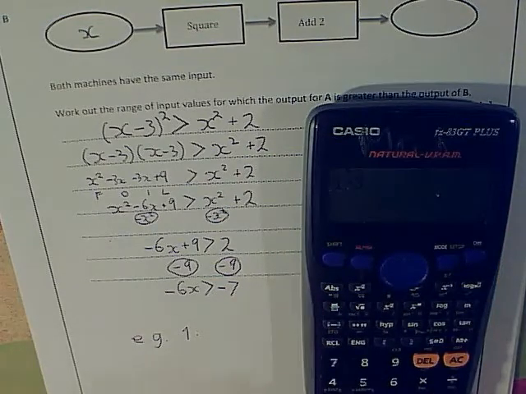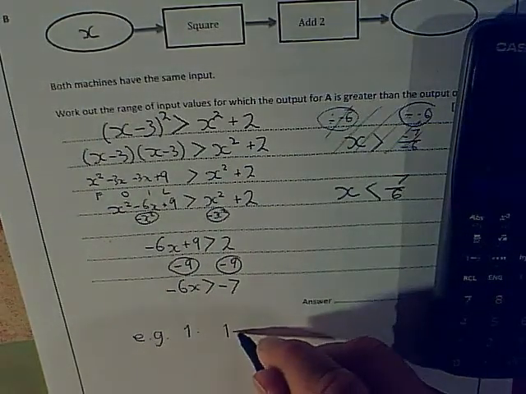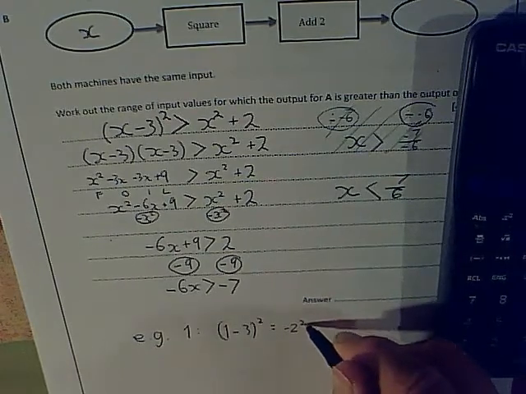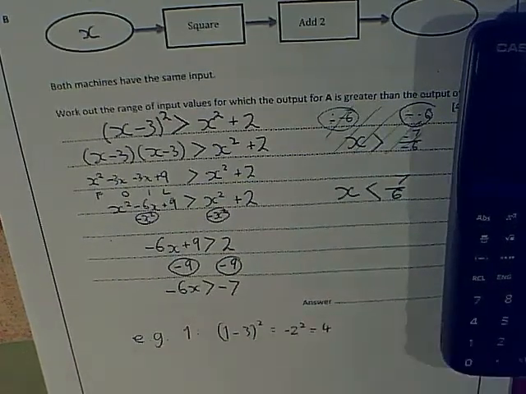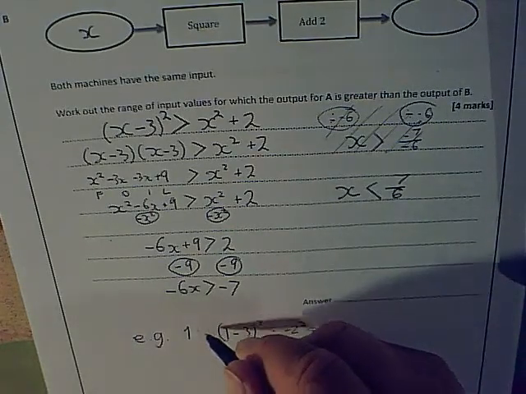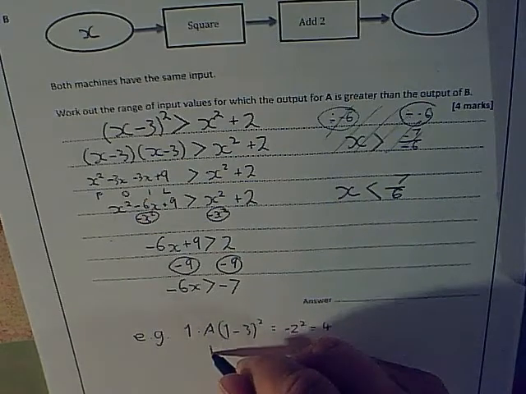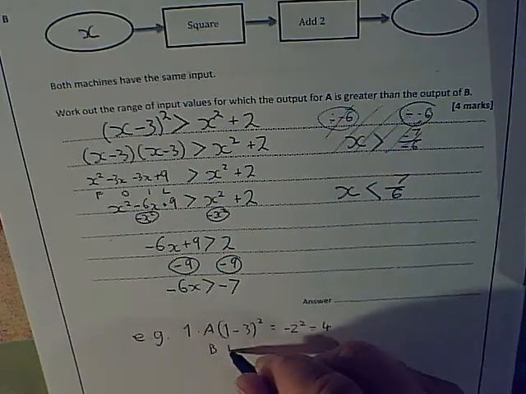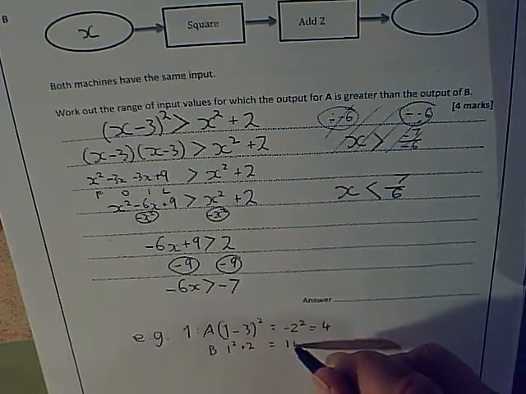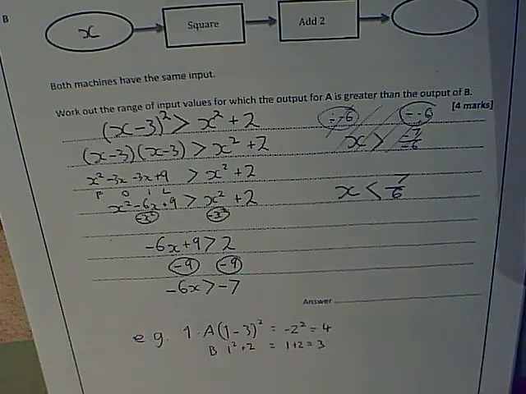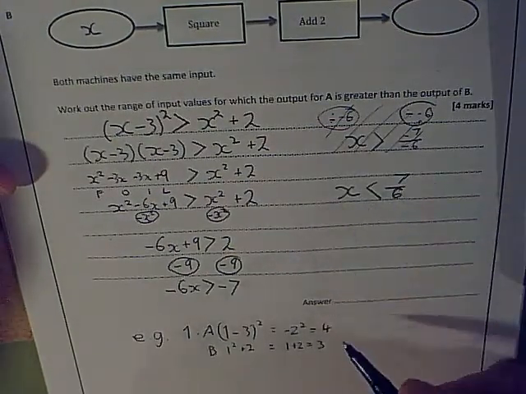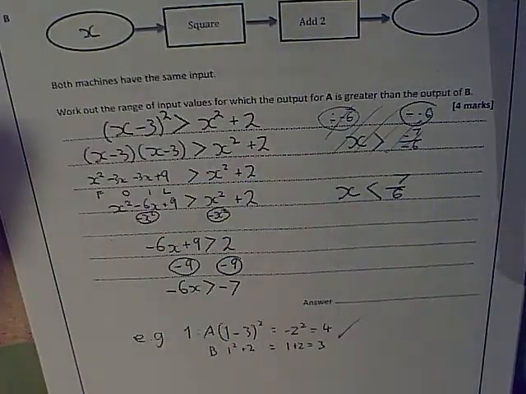Minus 2 squared equals 4. That's for A. And for B, I would get 1 squared plus 2, which is 1 plus 2, which is 3. So we see that it works. I'm just checking it with that.